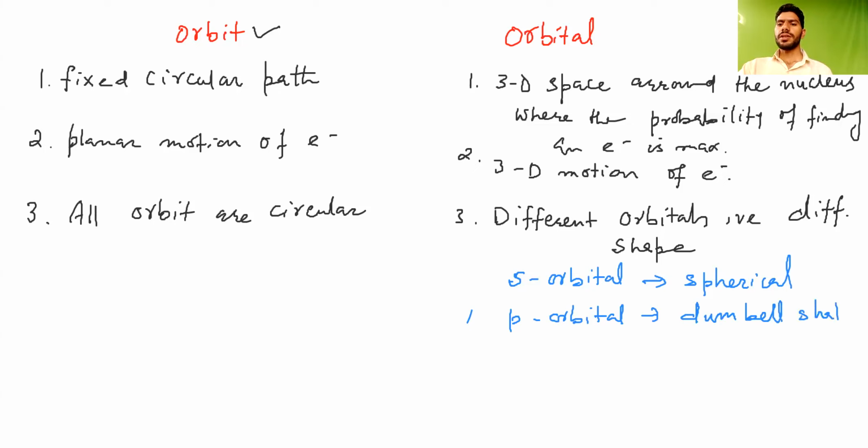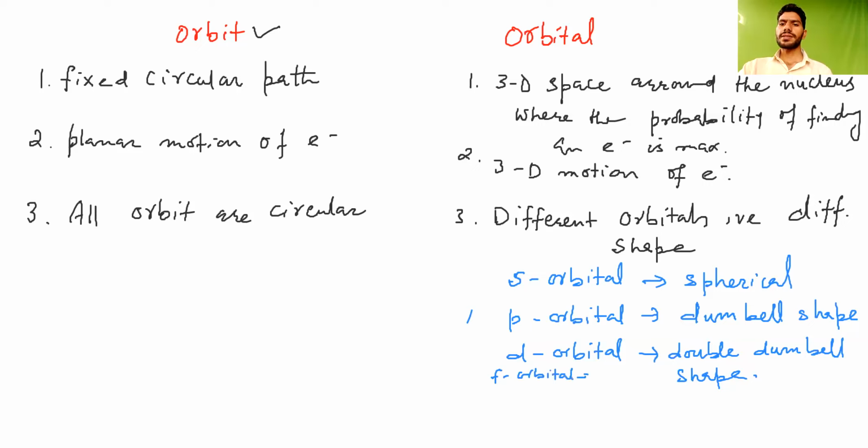And similarly, d orbitals have double dumbbell shape. Double dumbbell shape, right? And similarly, f orbitals have complex shape.